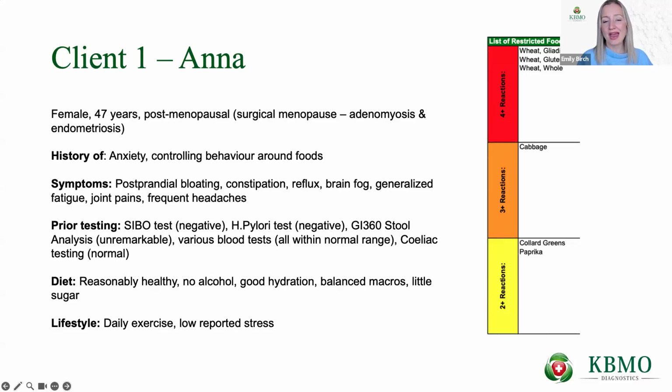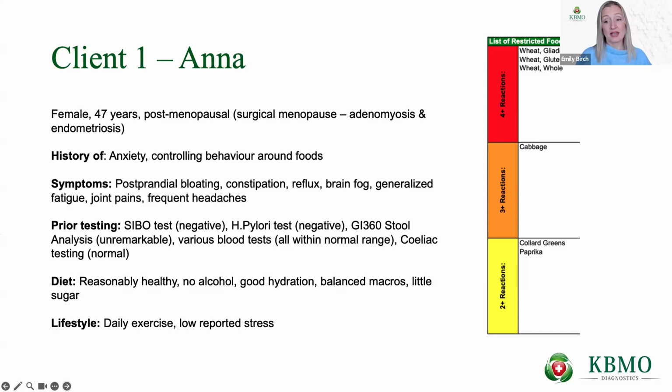In terms of red, most, what's the word I'm looking for? I would say extreme, but that's an extreme word. Her most inflammatory reactions, probably a better way of putting it, are to wheat. So both gluten, gliadin, and whole wheat.